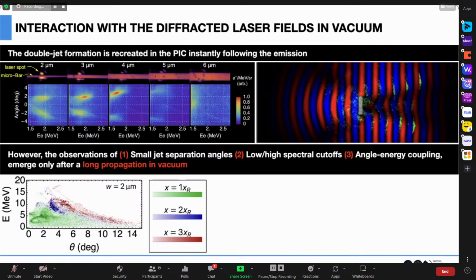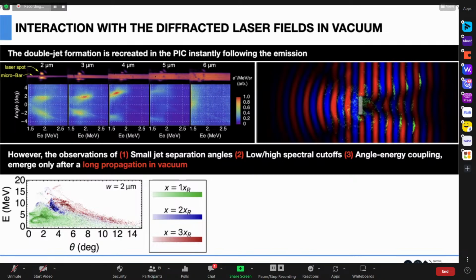So to do that, we asked the simulation to follow the electrons for a much larger distance. And here in 3 colors, we see the angular resolved spectrum of the same simulation, but sampled after 1 Rayleigh range, 2 Rayleigh ranges, or 3 Rayleigh ranges, and we see that the angular resolved spectrum evolves over a very large distance.